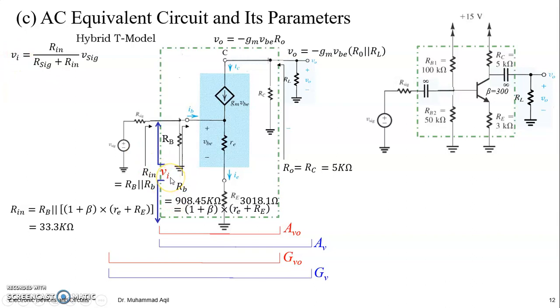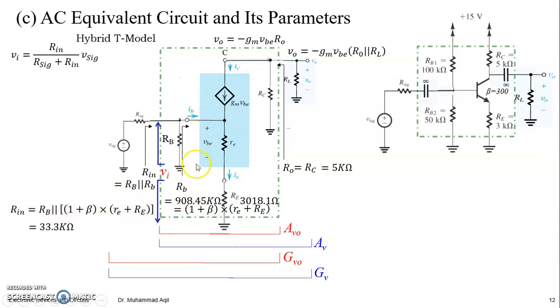And out of this input, this Vi will be across this Rin, and this Rin is just the parallel combination of this and 1 plus beta times these resistances. So this Vi appears here, and appears here at the base, across the overall combination of 1 plus beta times small re plus capital RE, this resistance.